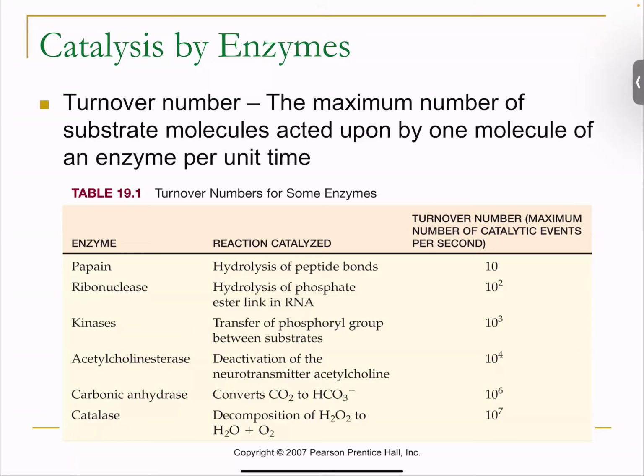And no, you don't have to memorize these. You need to understand turnover rate. What does turnover rate mean? And if I were to give you a turnover rate, what does that mean? I'm not asking you to memorize that catalase is 10 to the 7th.